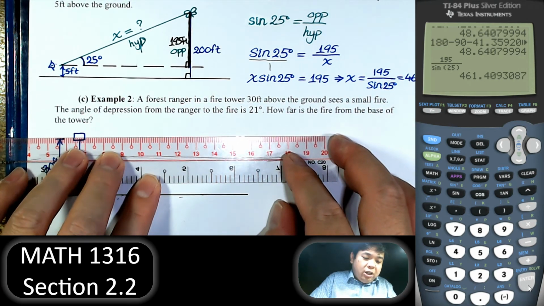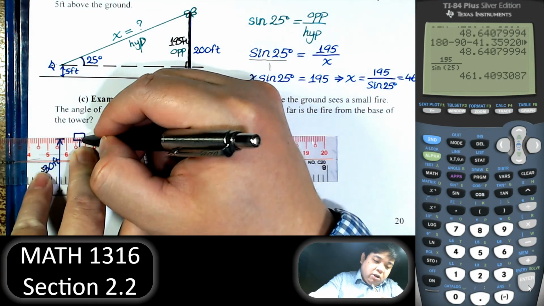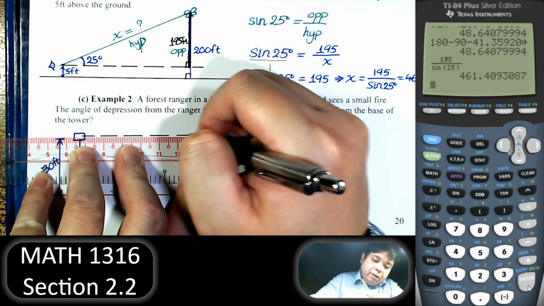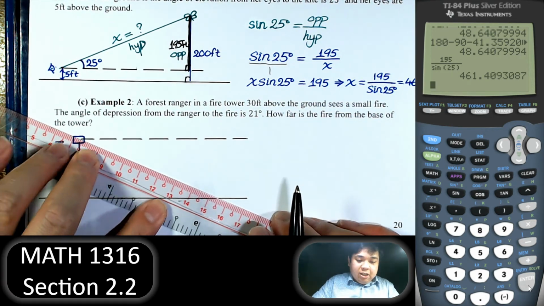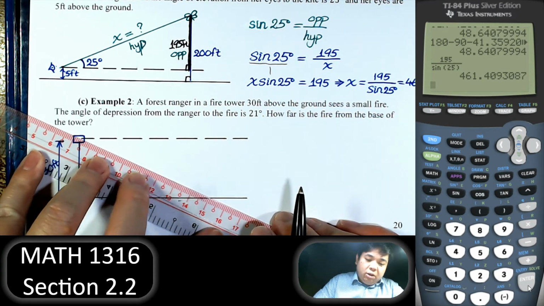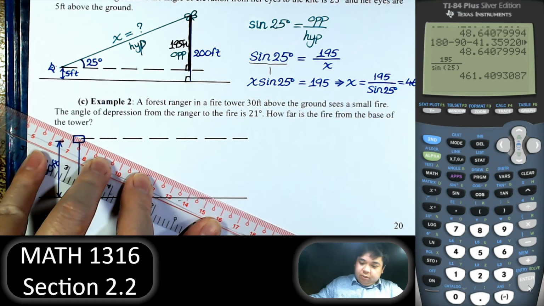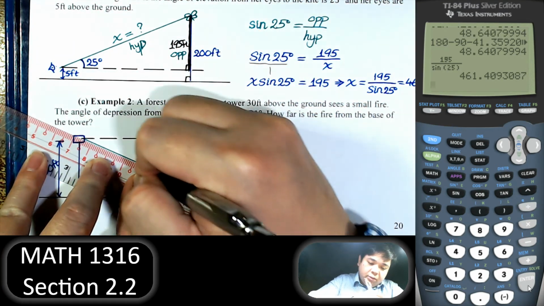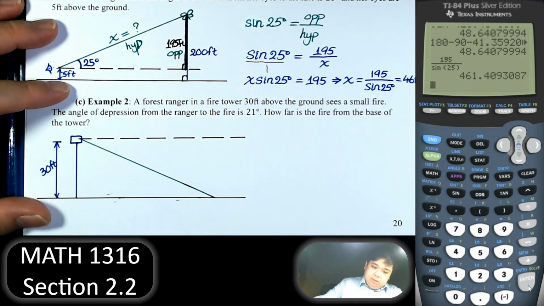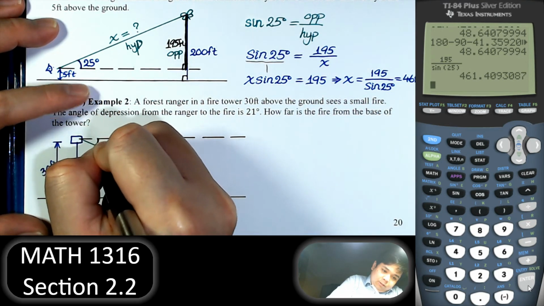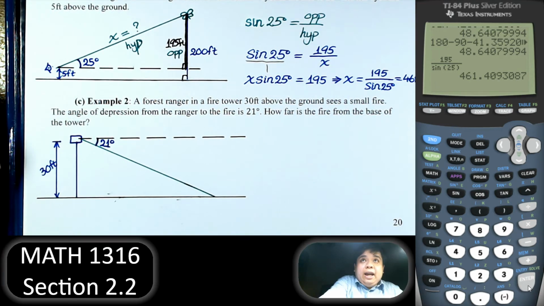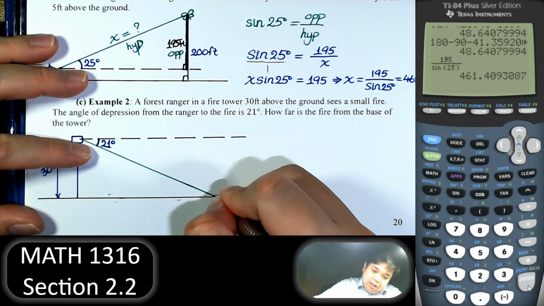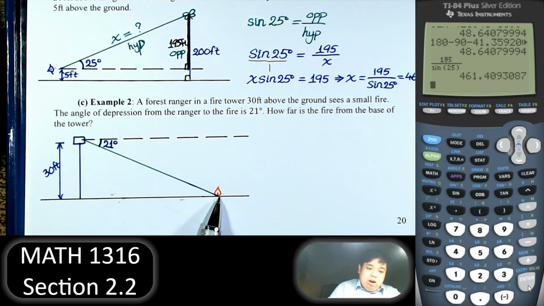Assume that he looked horizontally; compared to the horizontal line, the angle of depression is 21 degrees. And the question is how far is the fire from the base of the tower. So the fire is here.